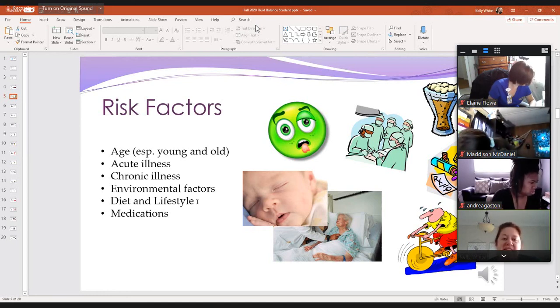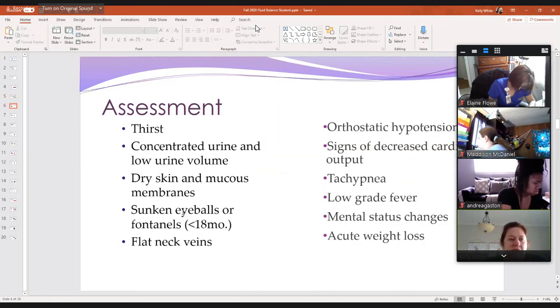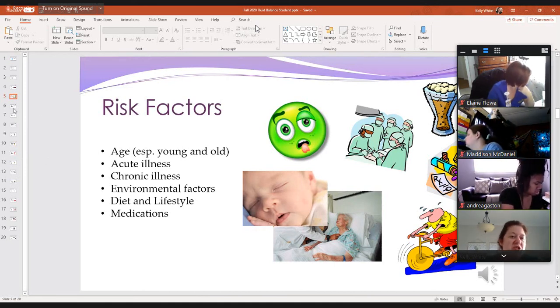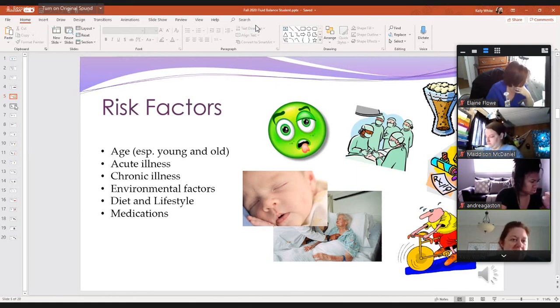And then your medications, anything that makes you lose fluid, like your diuretics or your laxatives, those are going to make you lose body fluids. And then chemo, again, can make you vomit. They've kind of come a long ways with chemo and giving you lots of medications to try and prevent you from throwing up constantly from it, but you can lose fluids that way.